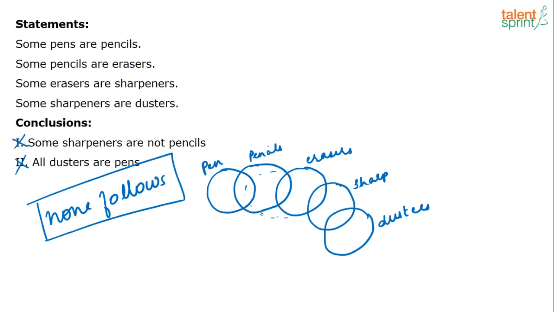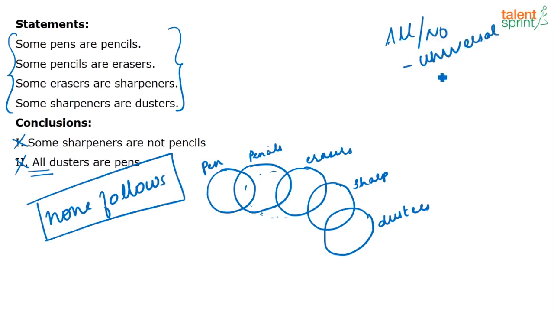And moreover, if you look at this question, there are only some statements, right? Statements with some are generally called particular statements. Generally, if you are given only particular statements, you cannot get conclusions with all, which is a universal quantifier. I forgot to mention this: all and no are generally called universal quantifiers.